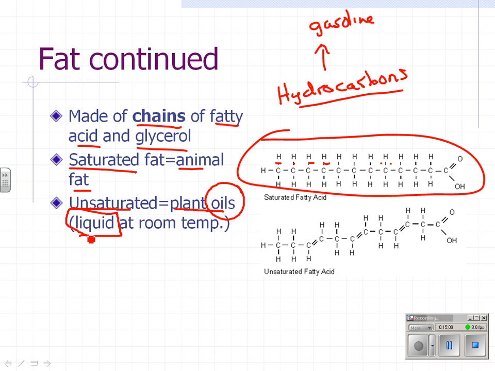If you look at the difference here between a saturated fat and an unsaturated fat, a saturated fat has this very linear structure. It's a line.